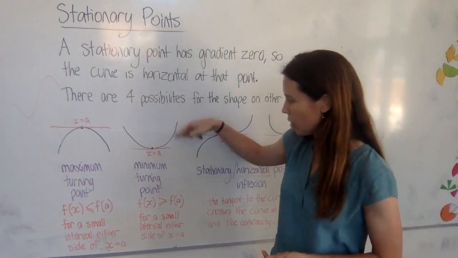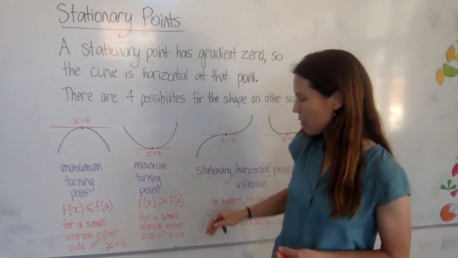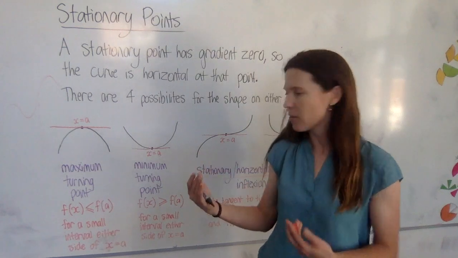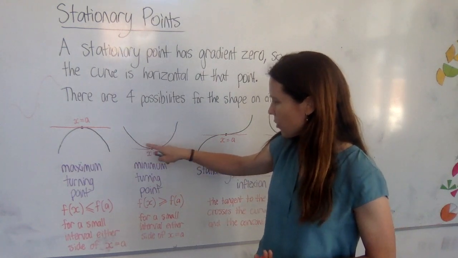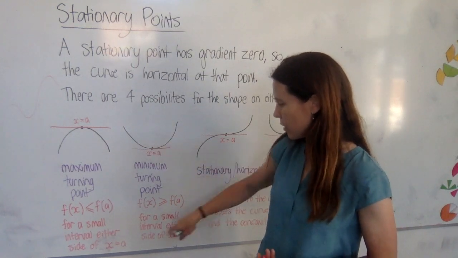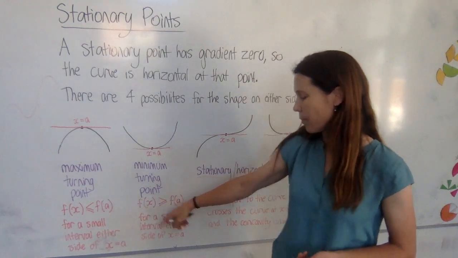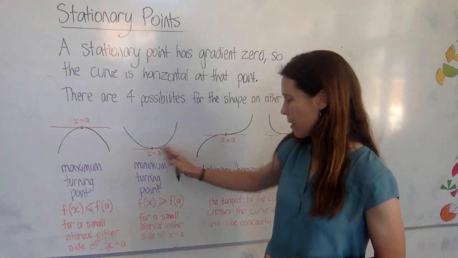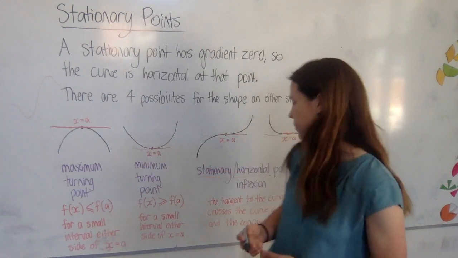Similarly, here we've got a local low point or a local minimum turning point. So the values of f of x, which again means just the values of y, they're all higher along here than they are for this low point. So f of x is larger or equal to f of a in and around our point x equals a.